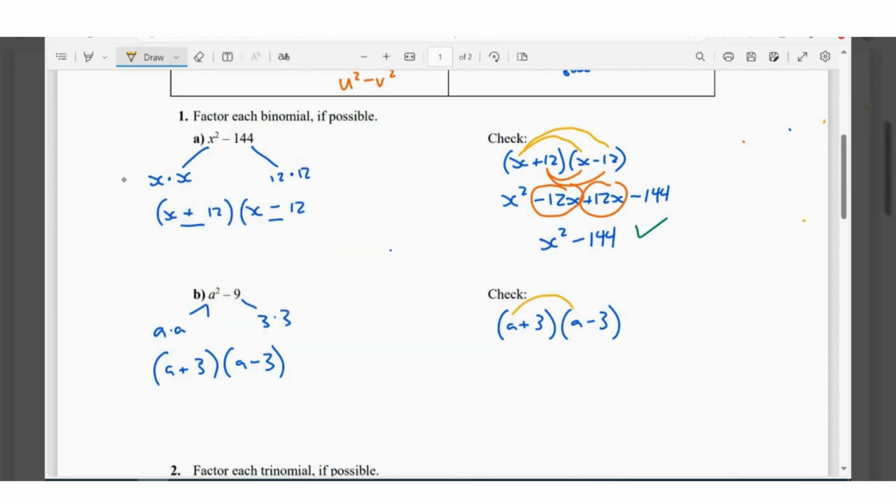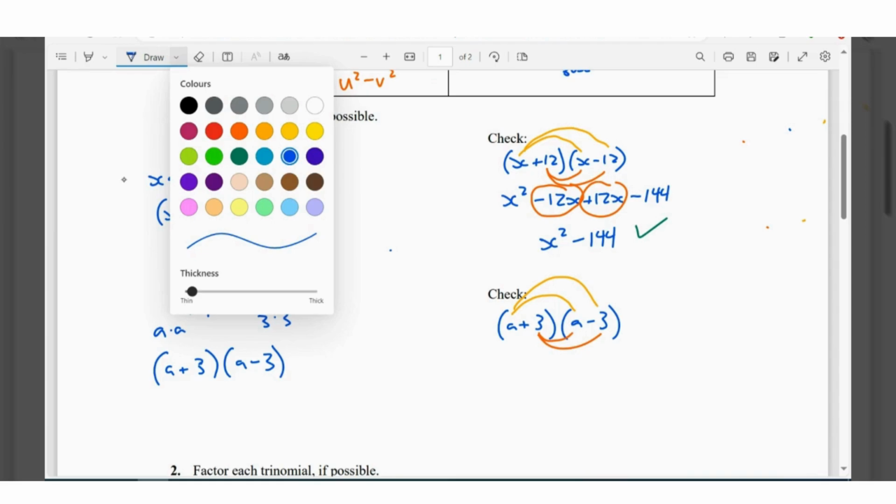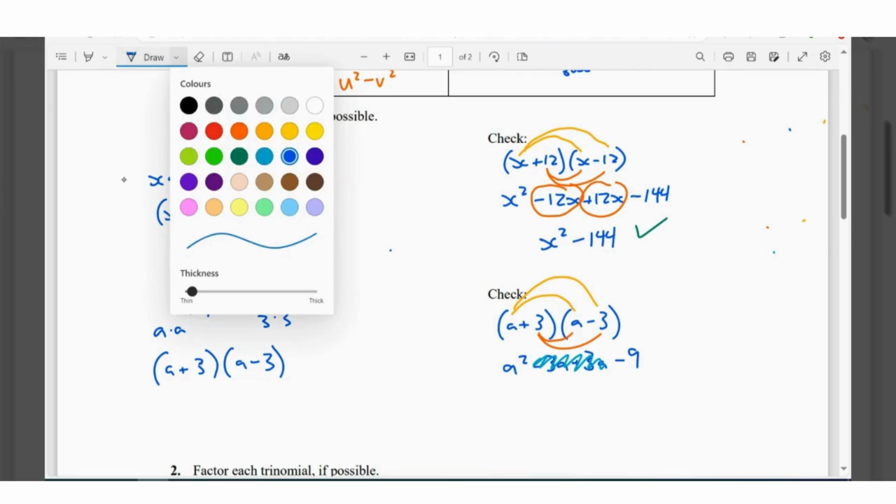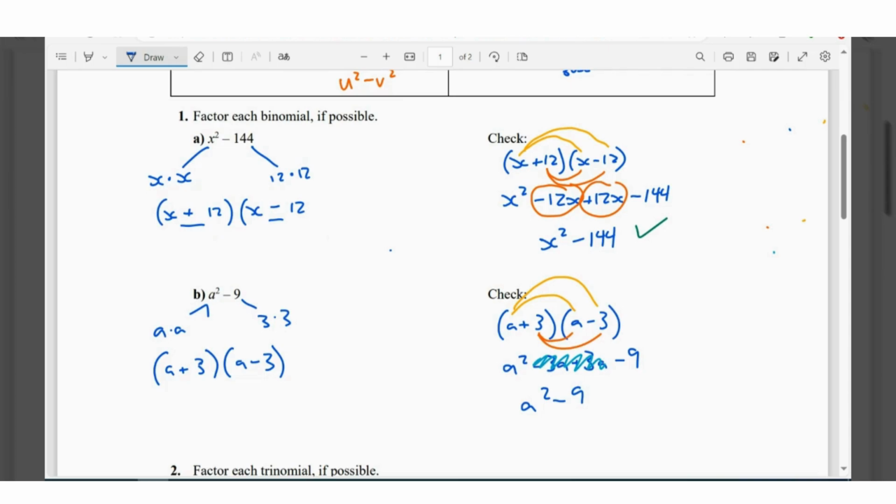So we're going to do first, outside, inside, last, and a times a is an a squared. A times negative 3, negative 3a, positive 3 times a, plus 3a, and a positive 3 times a negative 3, negative 9. These two middle terms are going to zero each other out, and we are left with a squared subtract 9. So indeed where we started. There you go.